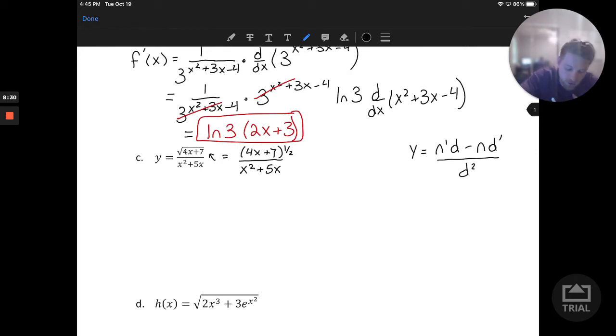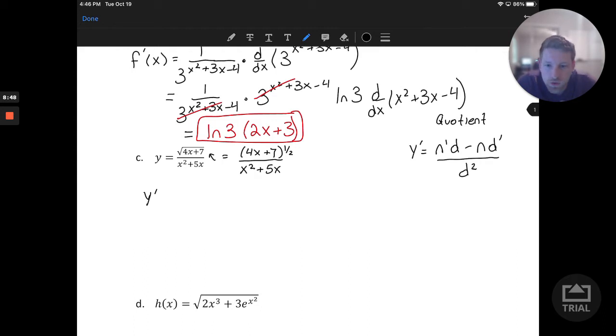So that's kind of the general rule for a quotient.